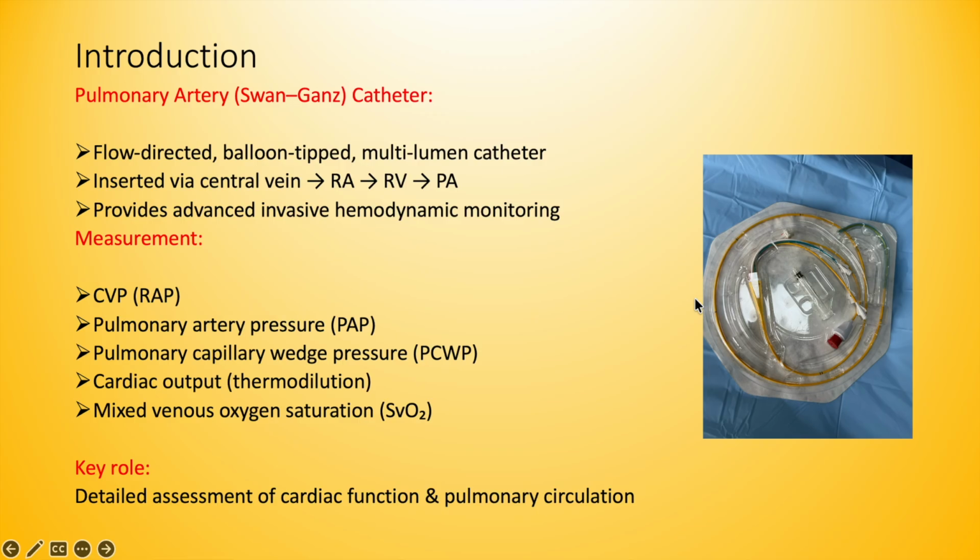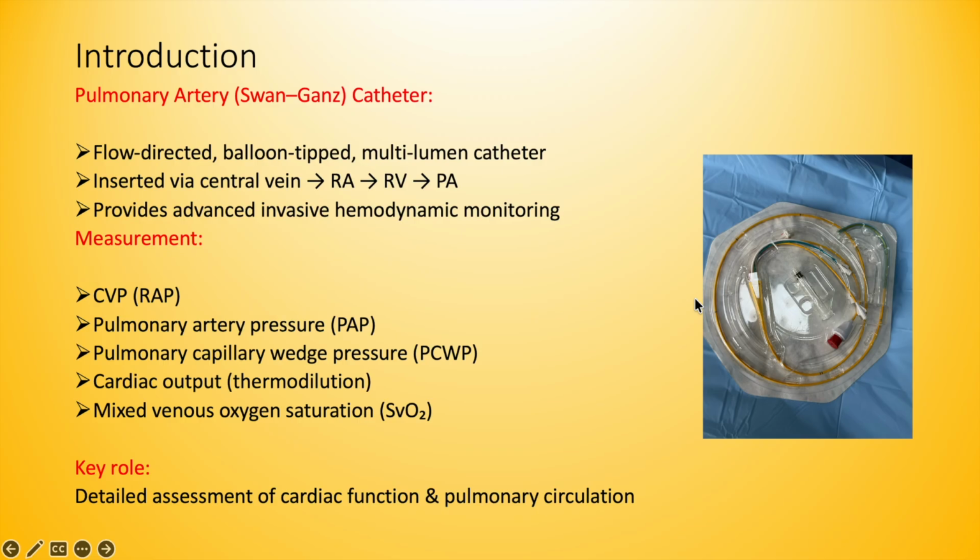So it provides advanced hemodynamic monitoring. So what can we measure from the PA catheter? First, we can measure the CVP. Through the CVP, we can know the fluid status of the body. Second, we can measure the pulmonary artery pressure, which is indicated in CABG surgeries or where we suspect pulmonary artery hypertension.